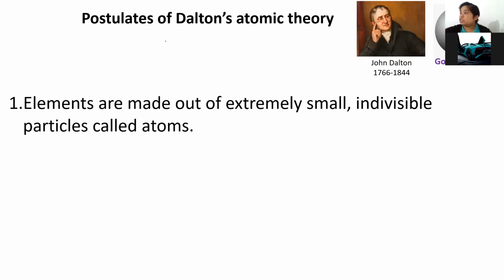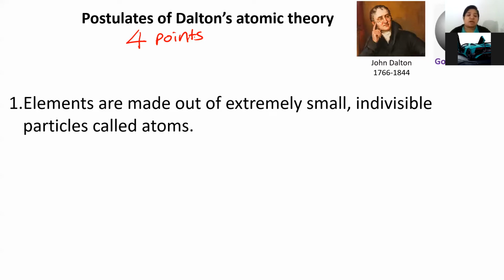So under Dalton's postulates, you will see 4 main points. If you read other books, you might see 5 points or maybe 6. It depends on how people break down these topics. But in your syllabus, it has been broken down into only 4 points. So the first postulate is that the elements are made out of extremely small, indivisible and invisible particles.